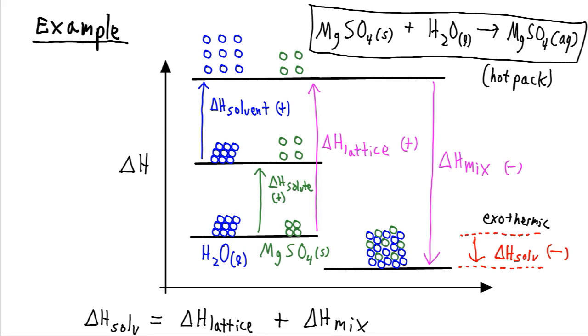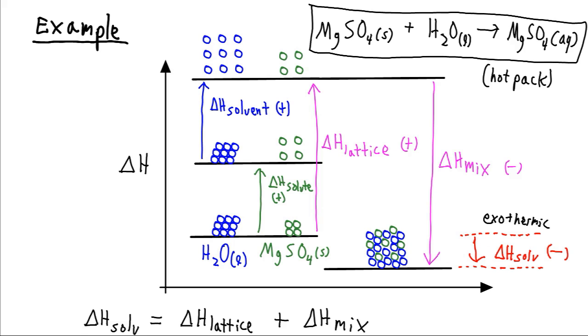Now if we compare the difference between where we started and where we wound up, we're a little bit lower. So our energy change overall, which is our delta H of solvation, points down a little bit, which means it's negative. So it's exothermic. We gave off this quantity of energy to our environment because we were able to reach this lower energy state.